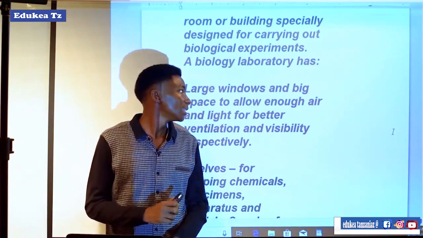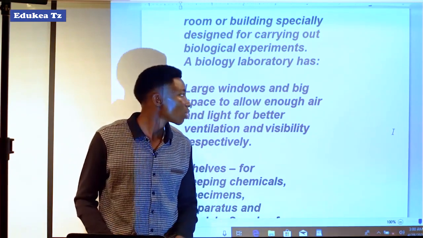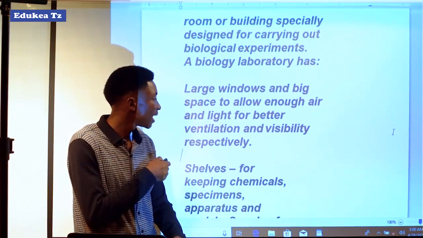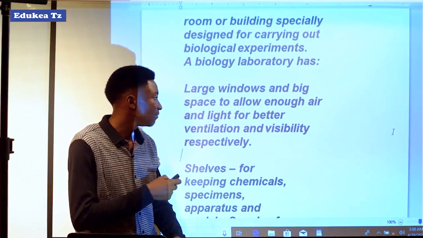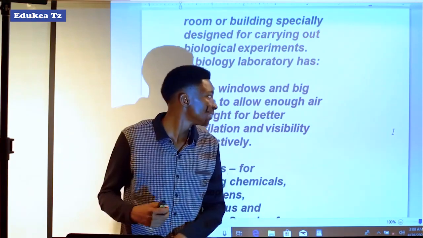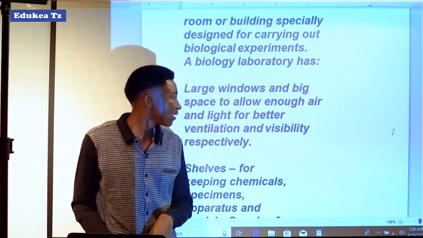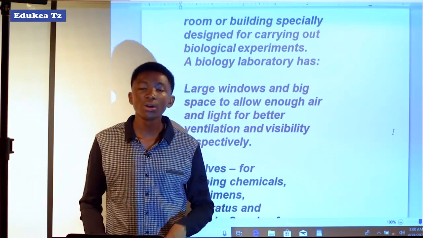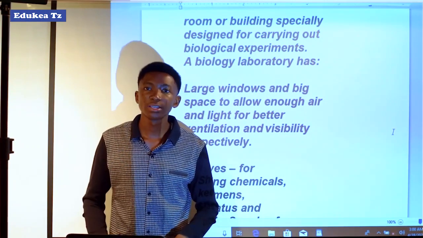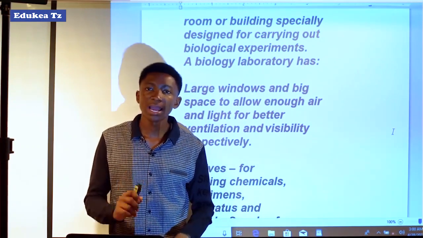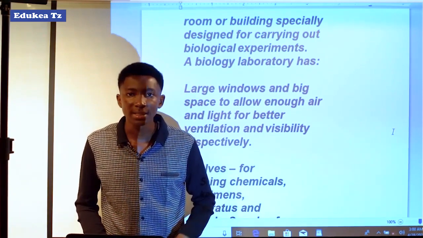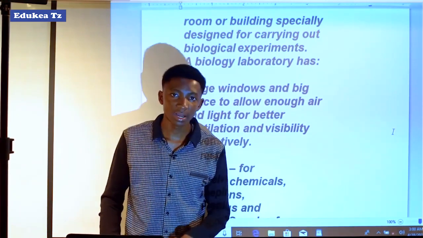So it needs a big space to allow air, and light for better ventilation and visibility respectively. In the biology laboratory it must have light, so there is a source of electricity which will allow the presence of light inside the laboratory.